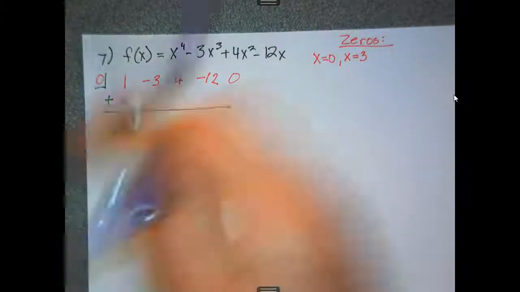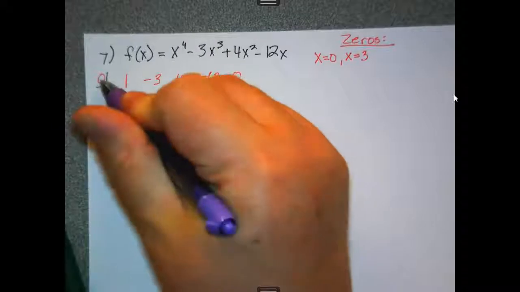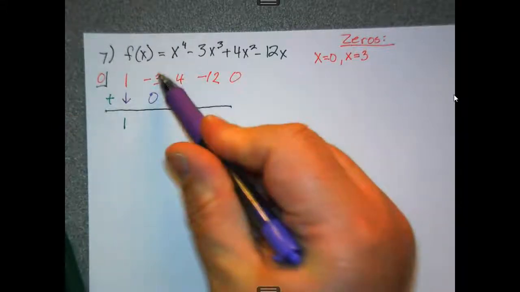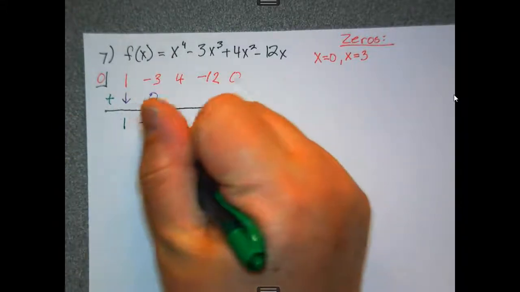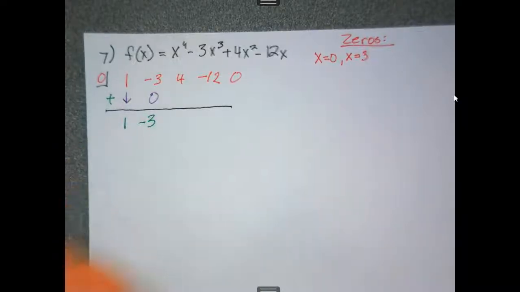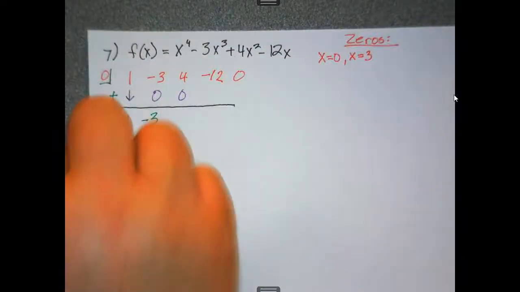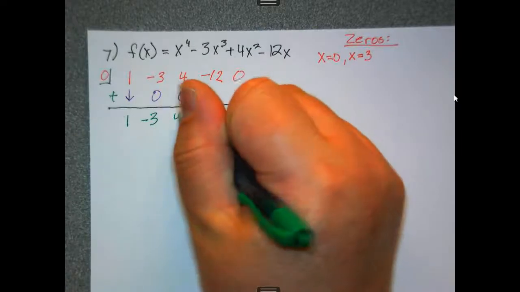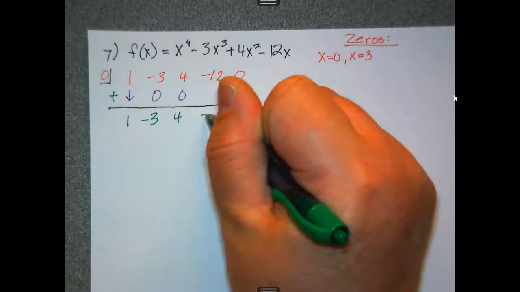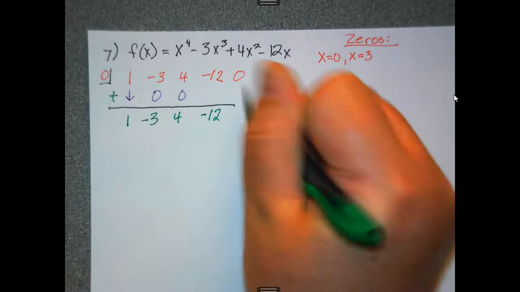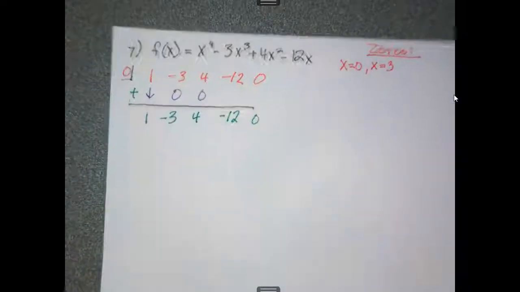One times 0. 0 plus -3. -3. -3 times 0. 0 plus 4. Hey, what's going to be this one? And what's going to be that one? Good.